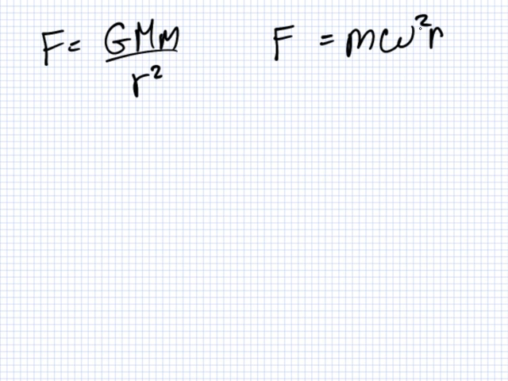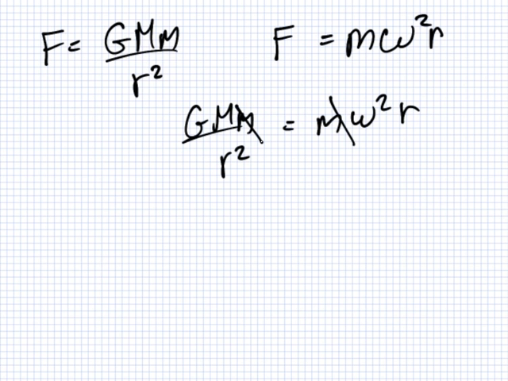small m is like the earth or something. Because they're both equal to each other, we can say this. So obviously these small m's are gone. And we can say GM over R cubed equals omega squared.